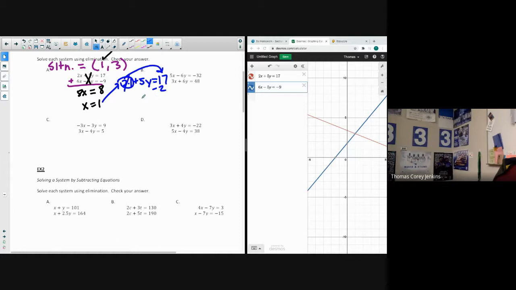That's going to give me 5y equals 15, because 17 minus 2 is 15, and y equals 3, because 15 over 5 is 3, which matches that answer. So again, we kind of work backwards. We check our answer first, and then we provide the work that goes with it for full credit on our test.